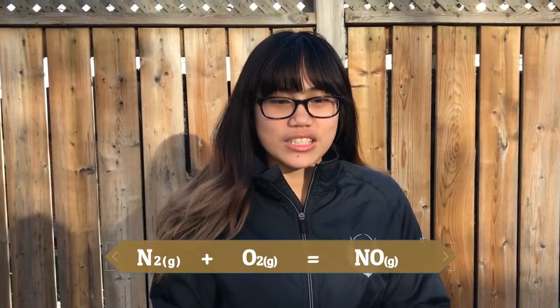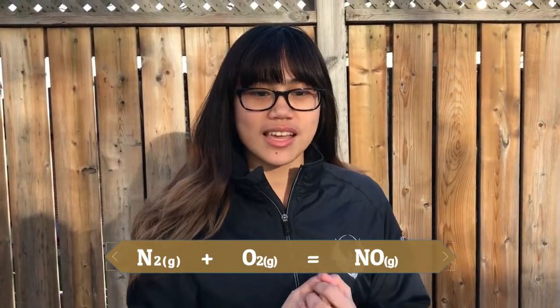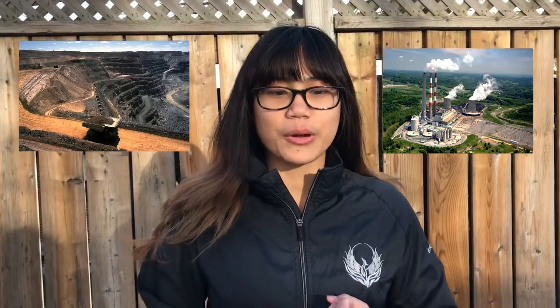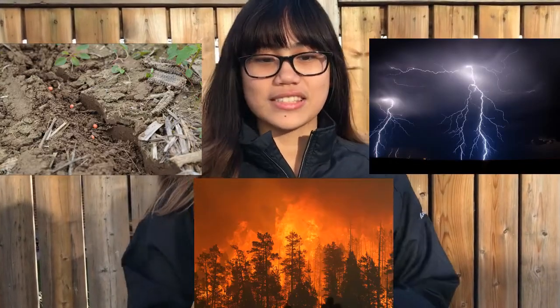Moreover, when exposed to a very high temperature, nitrogen collides with oxygen and produces nitrogen monoxide. High temperatures can be produced through human activities such as burning fossil fuels and producing electricity in power plants. High temperature can also be produced naturally, like by soil bacteria, lightning, and natural fires.